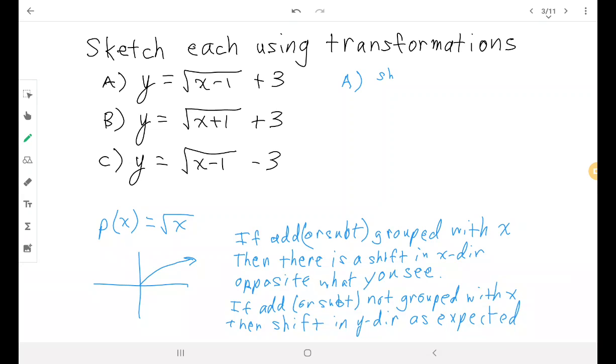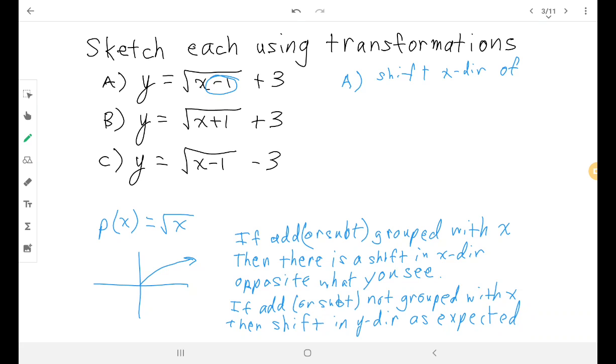We've got a shift in the x direction that is grouped with x. So there is a shift in the x direction of, and then it's opposite of what you see.